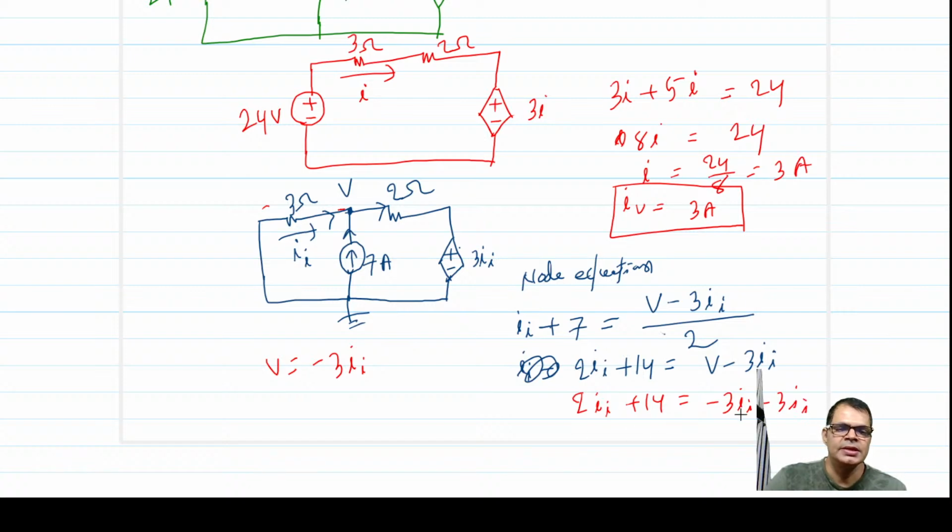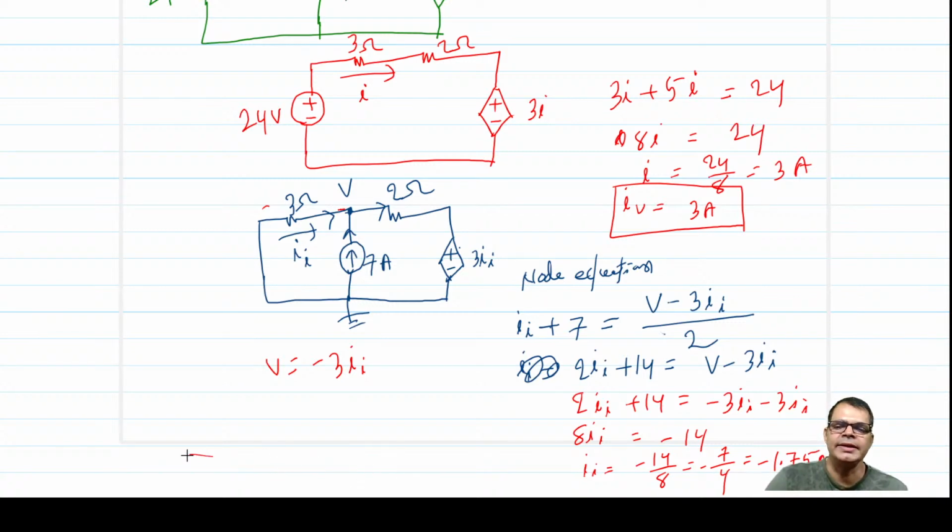That is 3 plus 3, 6, then plus 2, 8I' is equal to minus 14. So I' is equal to minus 14 upon 8, minus 7 upon 4, which is minus 1.75 ampere.